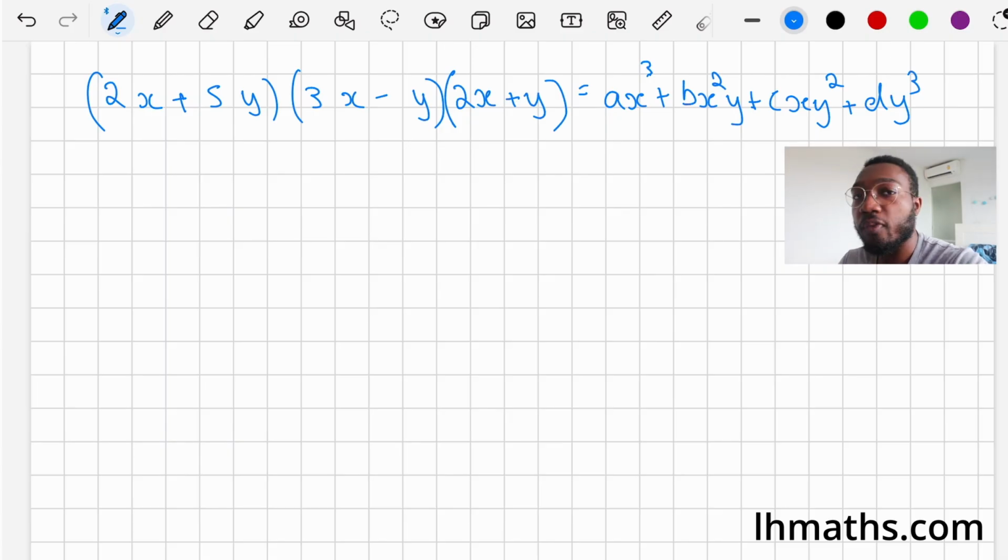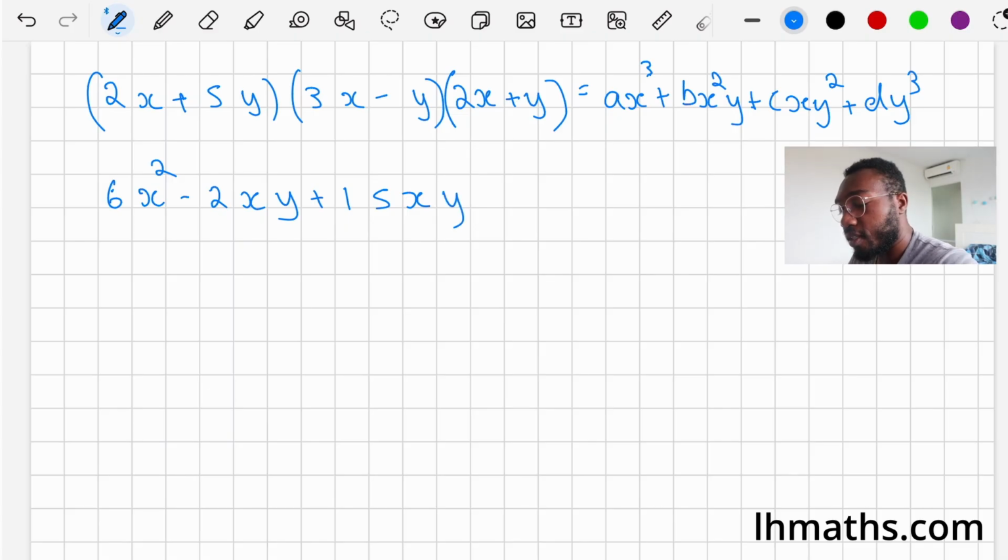So let's start off with the 2x plus 5y times the 3x minus y. So if we do that, we will get 2x times 3x. That will give us a 6x squared. 2x times minus y is a minus 2xy. 5y times by 3x is a plus 15xy.